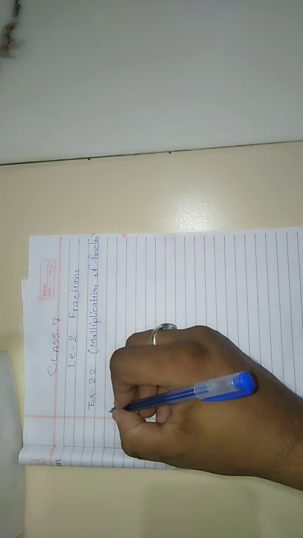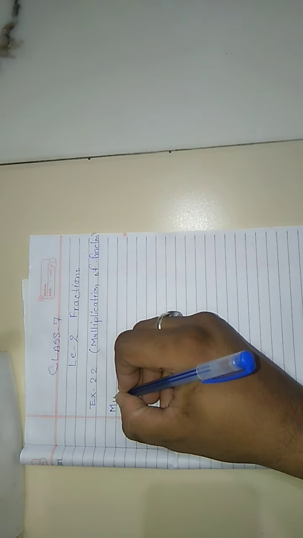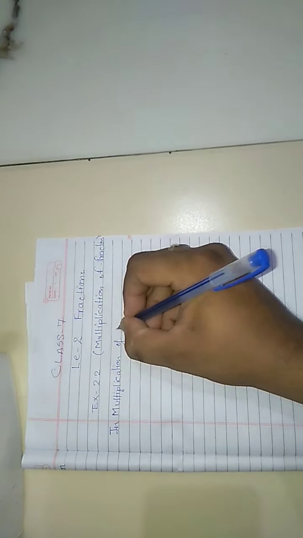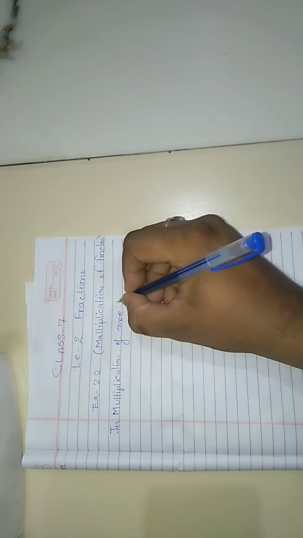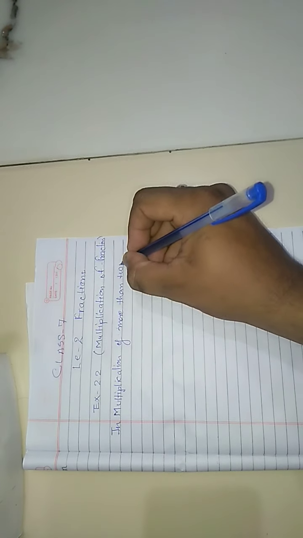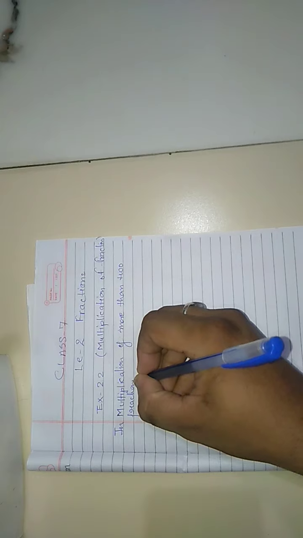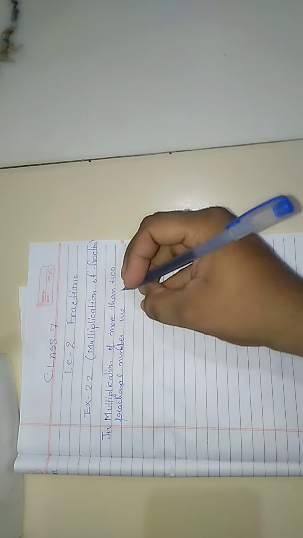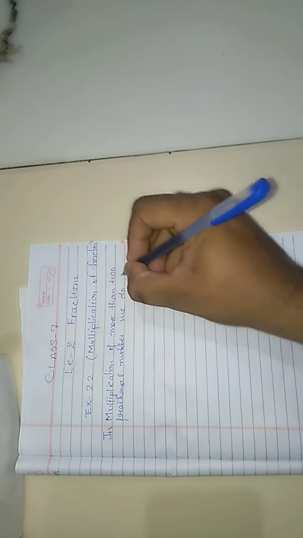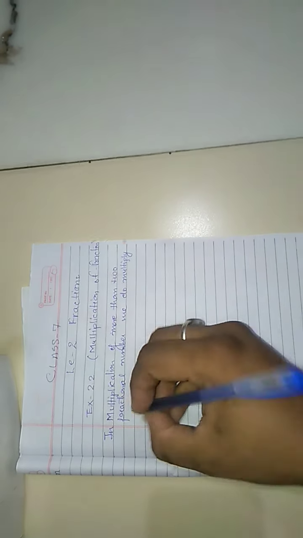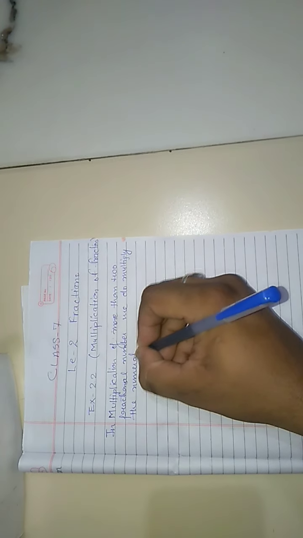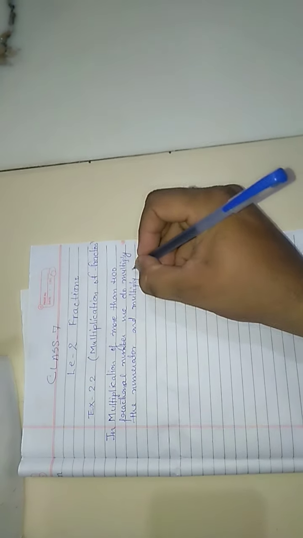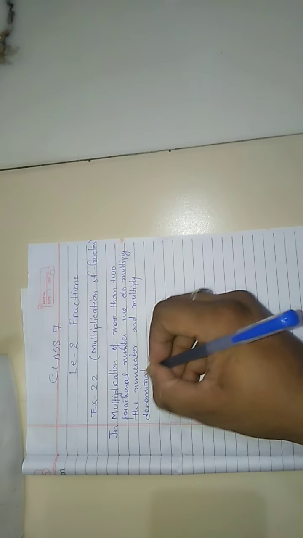So in multiplication of more than 2 fractional numbers, we multiply the numerators and multiply the denominators, like this.